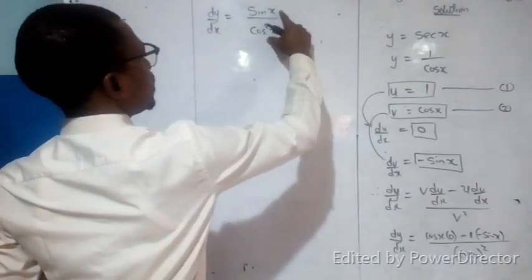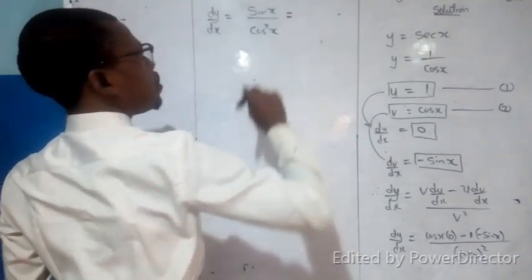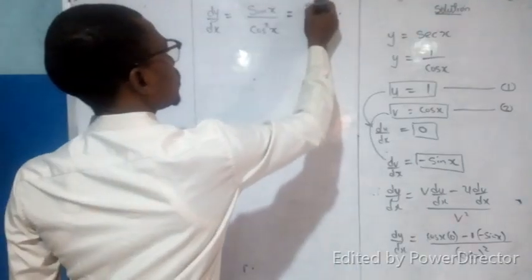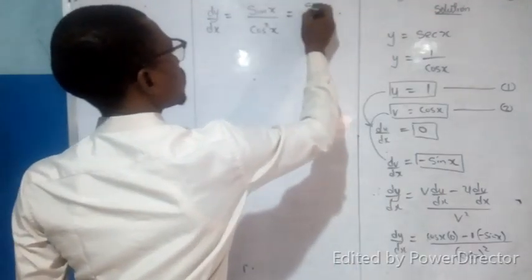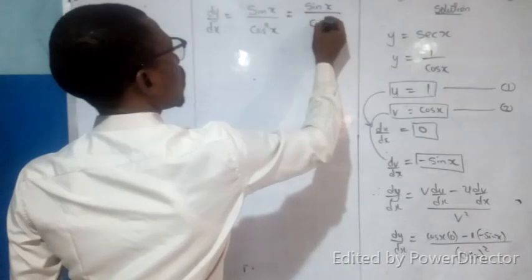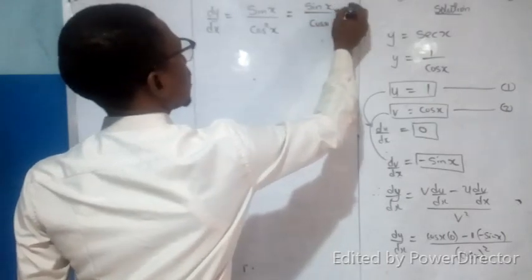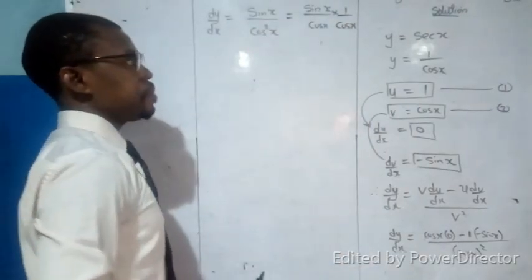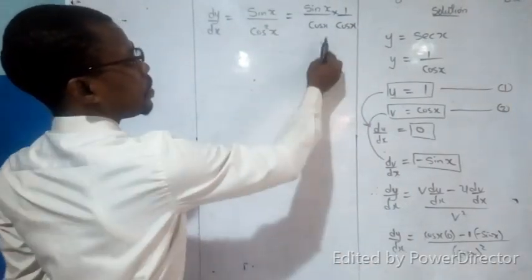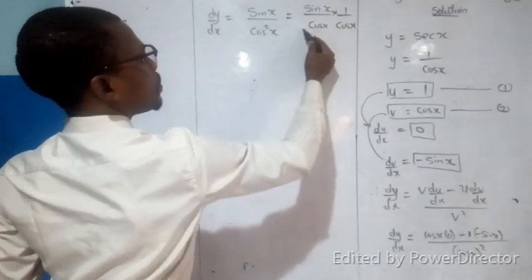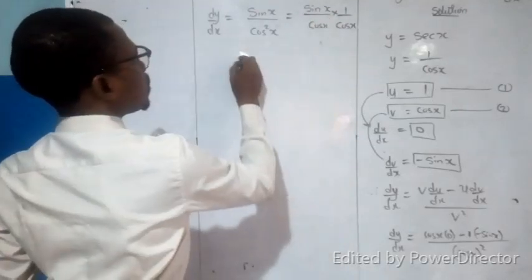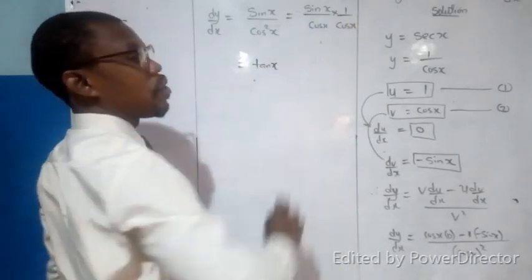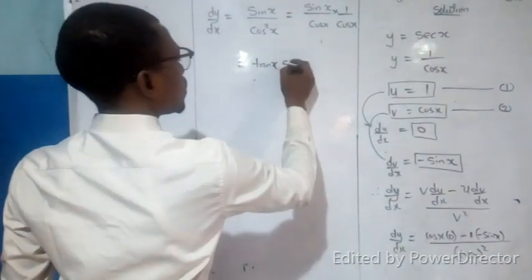So if you look at this, you need to know trig identity in order to resolve this. This is sin x over cos x times 1 over cos x. You can see this. This is tan x. 1 over cos is sec x.